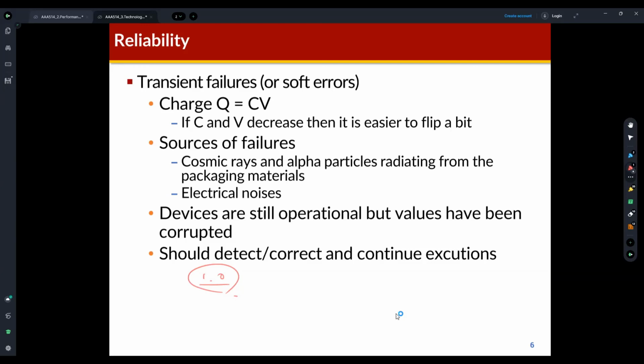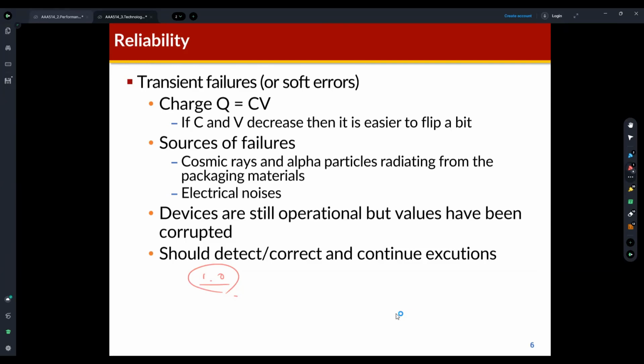Then what is the reliability issue? So we assume the DRAMs and some storage digital components, we just use the 1 and 0. It's the digital signals. But actually, what is that?